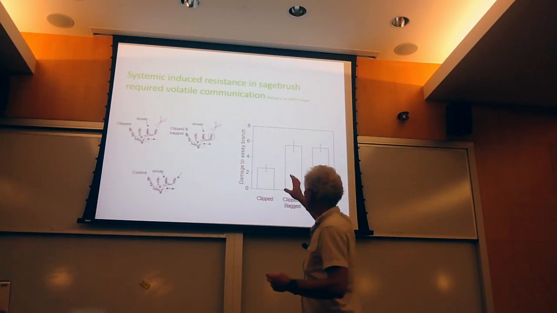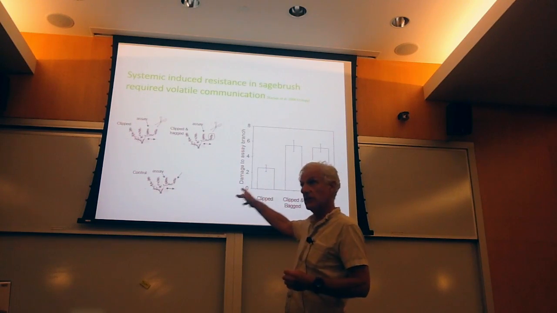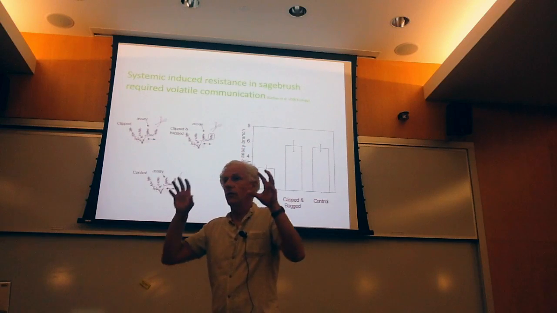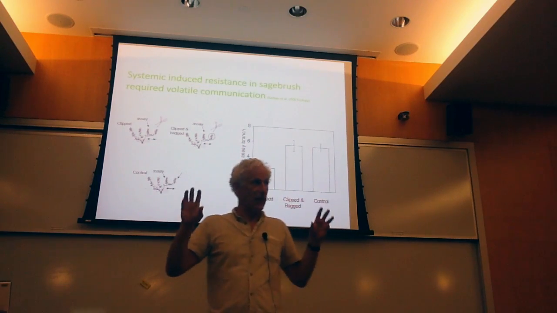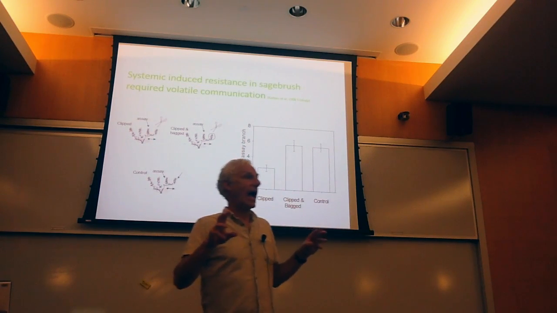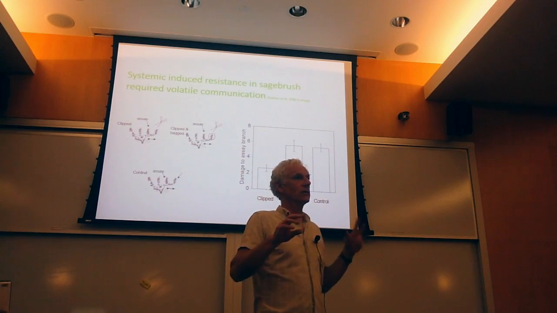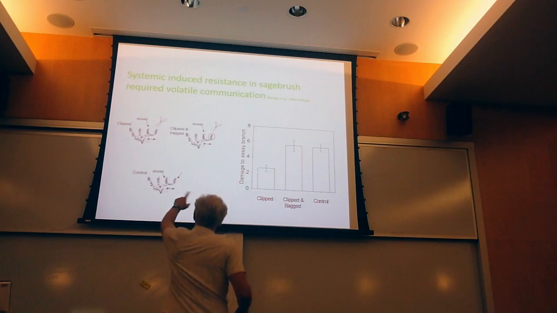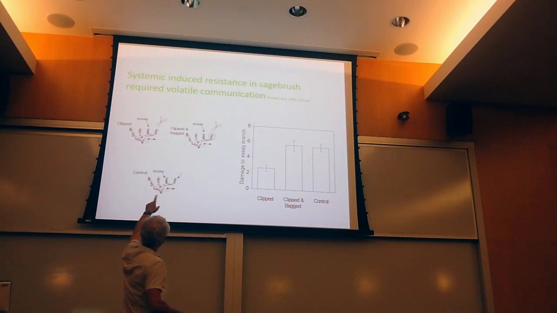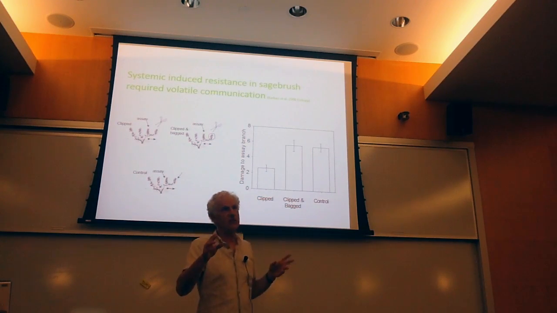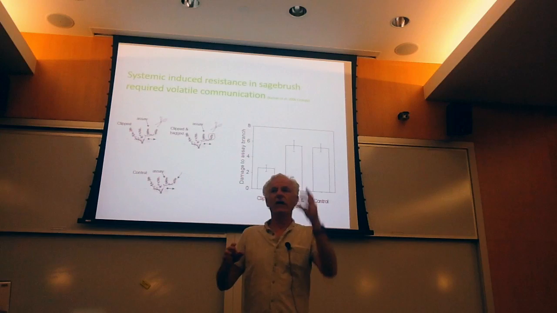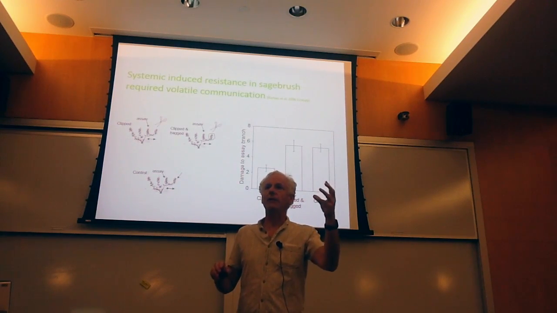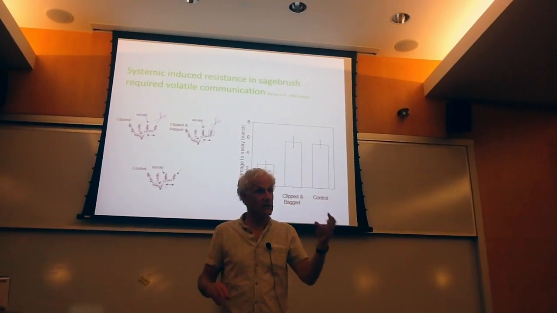And we know that by doing an experiment that's very similar to one that I showed you earlier with pairs of plants, except here we're just looking at different branches within the same individual plant. So in the upper left here, I have a clipped plant where I have clipped the leaves, again using scissors, on one branch, and I'm assaying what happens on a neighboring branch of the same plant.